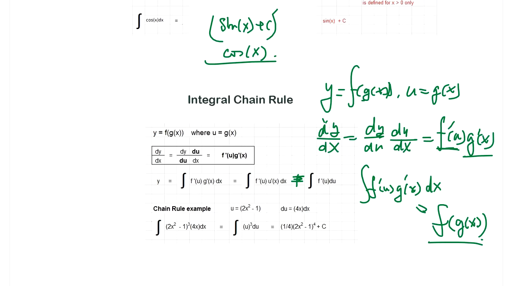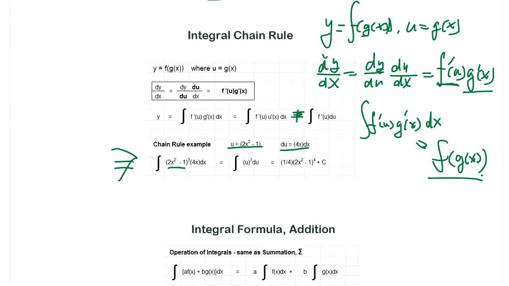Look at the example. U is this, so this is U. Just look at the example and digest the meaning of this. This chain rule is very important for finding many types of integrals.